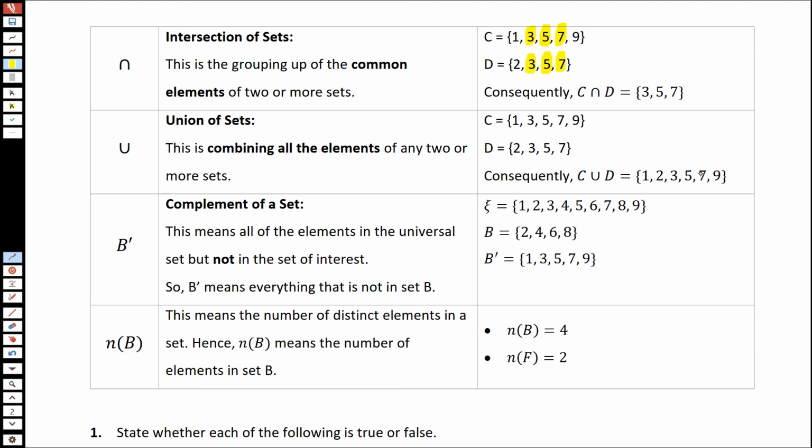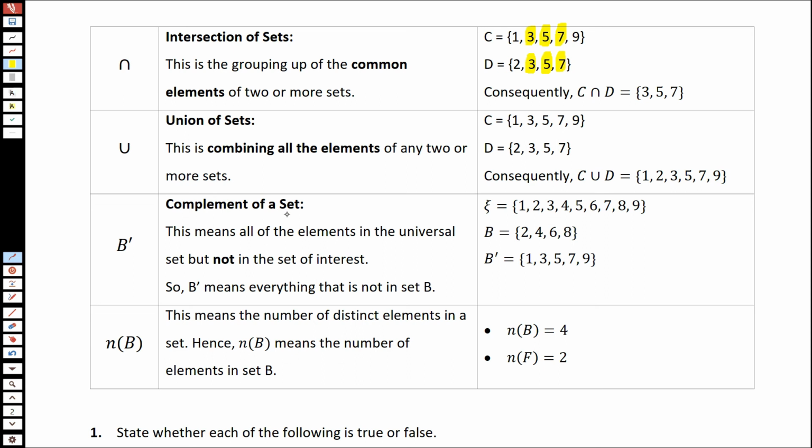Okay, so the complement of a set means all of the elements in the universal set, but not in the set of interest. So for example, the universal set that we have here is positive whole numbers that are less than 10, which are given here. And set B is given by that.